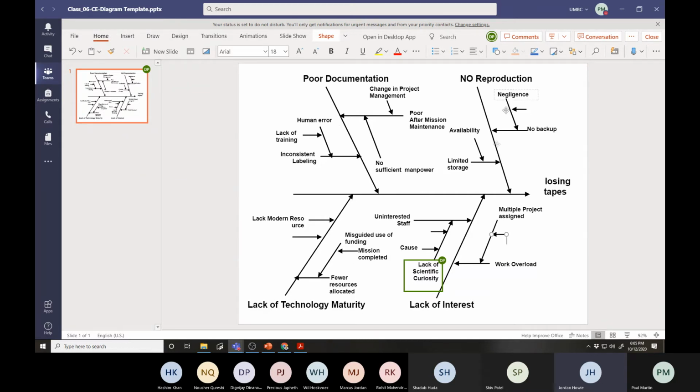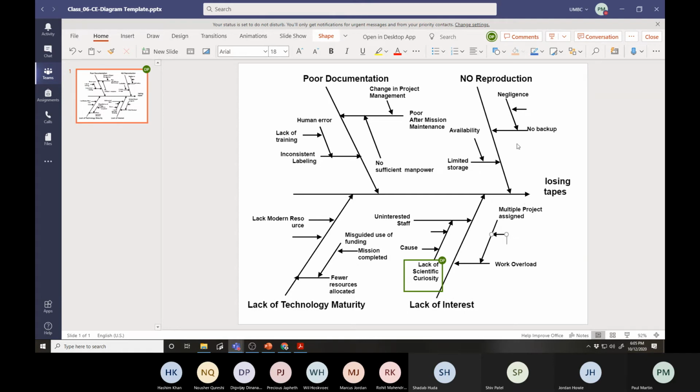Yeah, no, that's a good point. And it's interesting because your lack of interest kind of bleeds into these others. You notice the change in project management because people move into new projects, right? So even the lack of interest is like, hey, I'm done, I'm out of here.